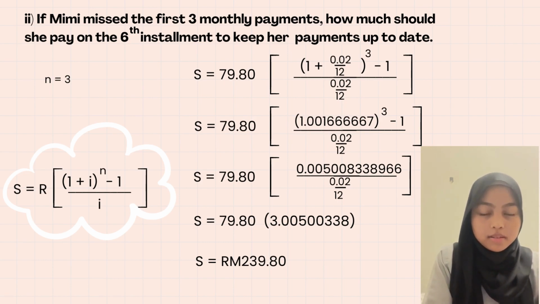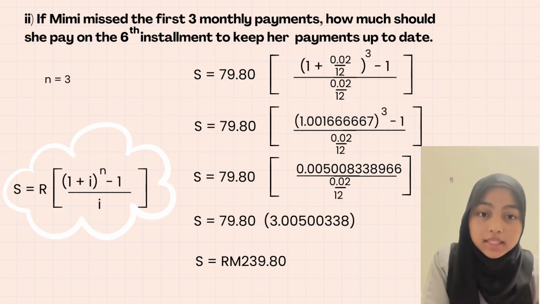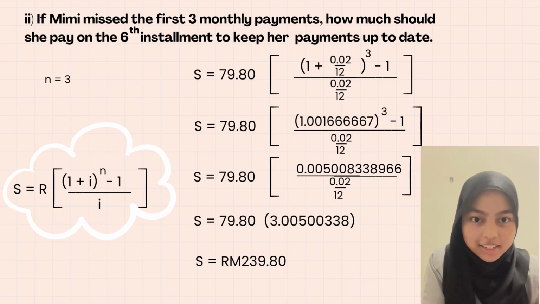And then we need to divide by 0.02 over 12, and we will get the answer 3.00500338. And to get the last answer, we need to multiply 79 ringgit 80 cents by 3.00500338, and we will get RM 239 ringgit 80 cents.